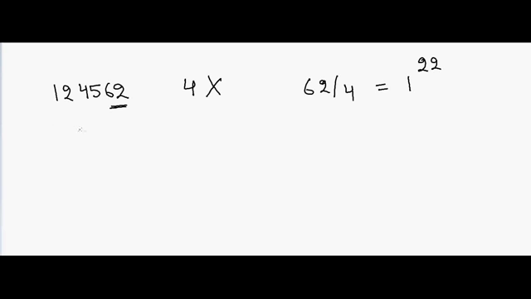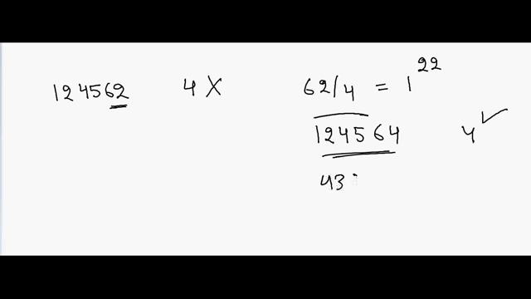So how can I modify this number? If I add 2 more at the end, so I'll make 1 2 4 5 6 and make 4 here, then this number should be evenly divided by 4. And I can modify this number anyway. I can write 4 3 2 1 6 4, then again it is divisible by 4.